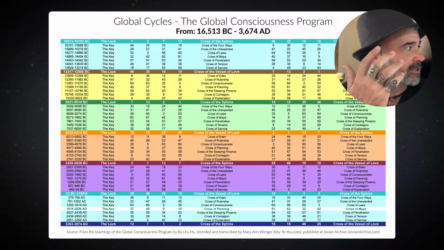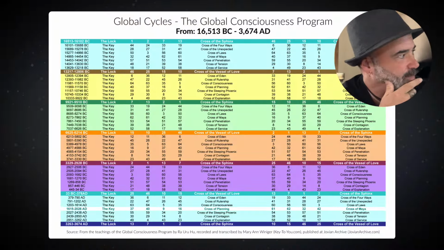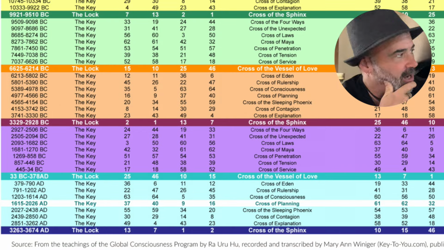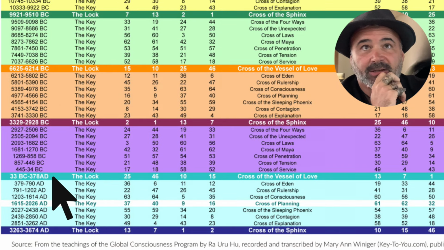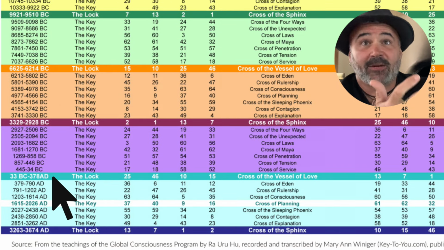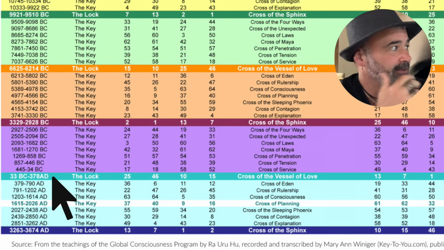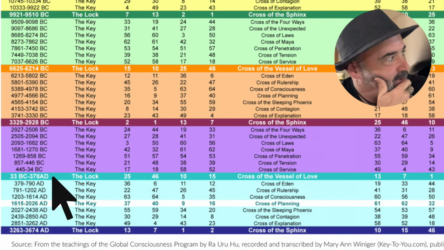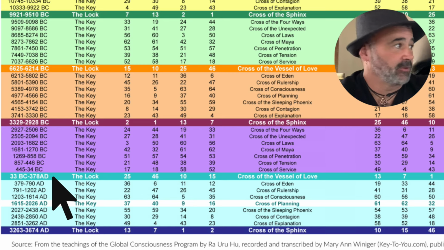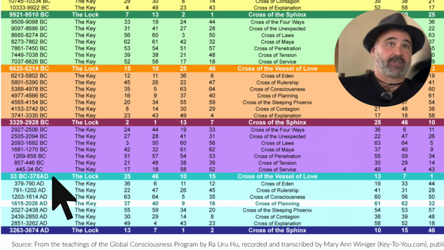So then when you go back to this graph, what jumped out at me was 33 BC, the lock and the key being the same. You see this, right? 33 BC. That really jumped out at me as a starting point. From an astrology perspective, you're telling me that's when this lock and key were both united. That's why I point to that.